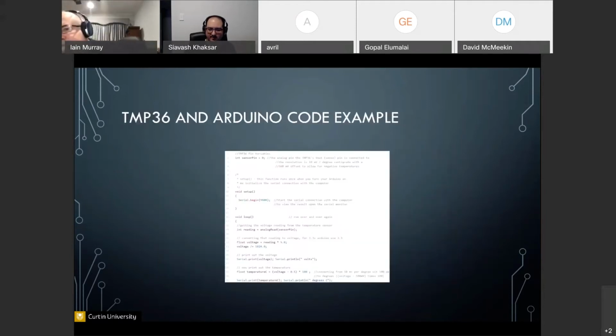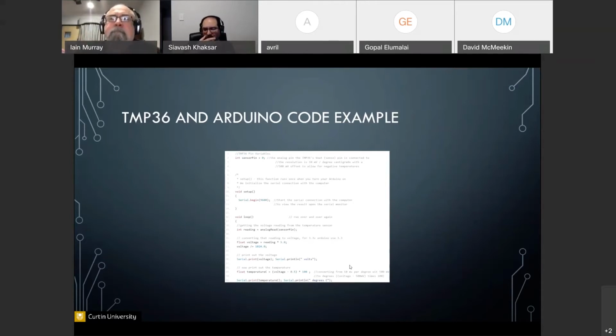So I have the code for it. Basically, in our setup, we're just reading the analog pin that's connected to that signal pin. We're passing it along to that equation that gives us the temperature, and then we're printing that temperature on the serial monitor.